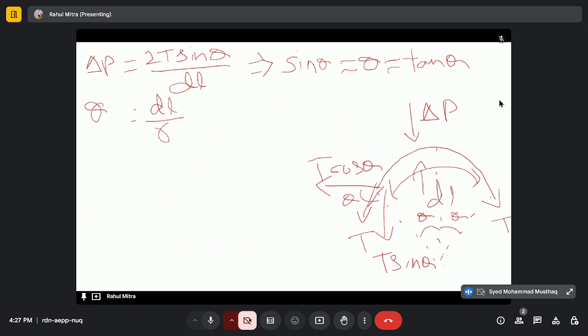I'll change the case. So if I substitute in the delta P equation, that will be 2T theta, where theta is dl by R, divided by R, and that delta P will be divided by dl, right?